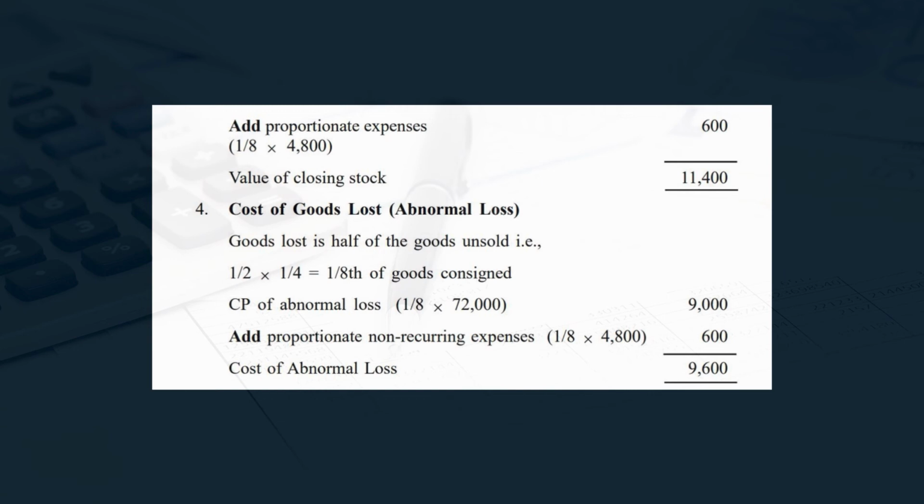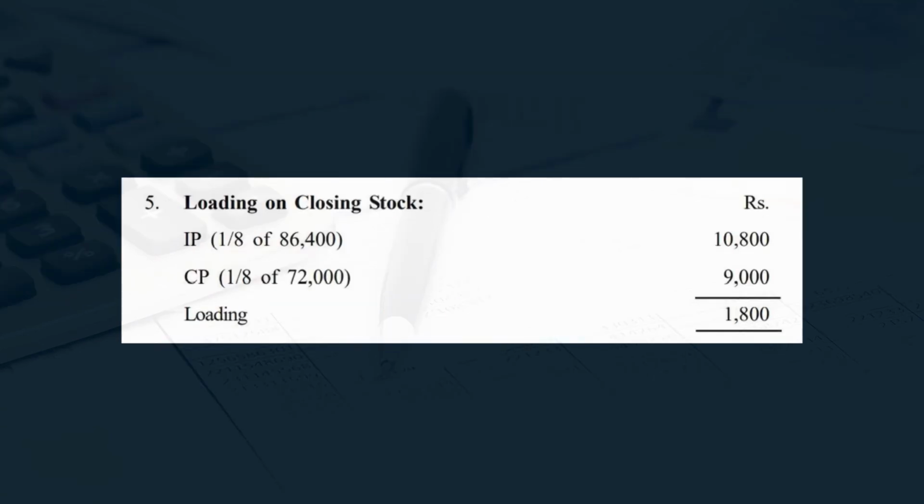We can easily calculate the loading on closing stock. The invoice price was 86,400. So 1/8 of 86,400, because 1/4 is left out, and out of 1/4, half of that means 1/8.